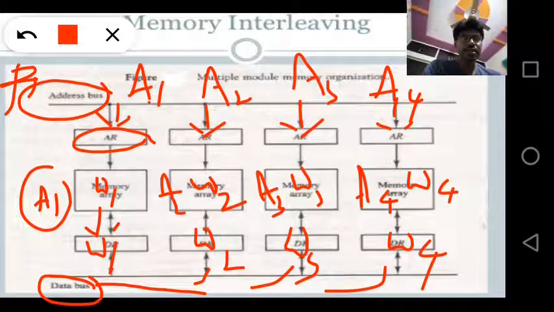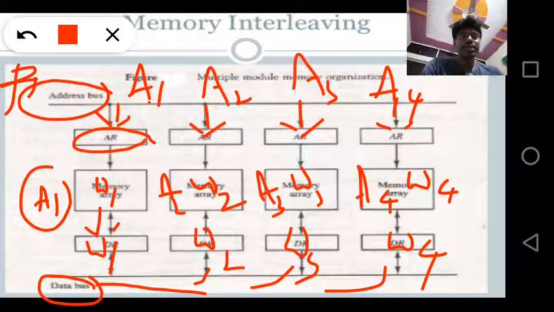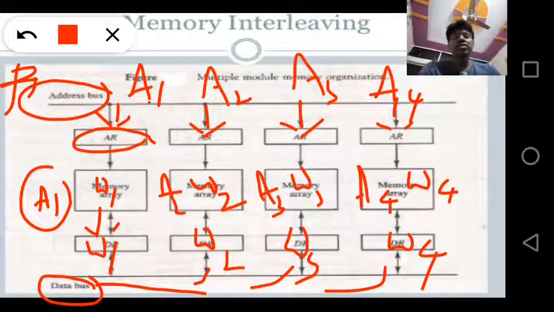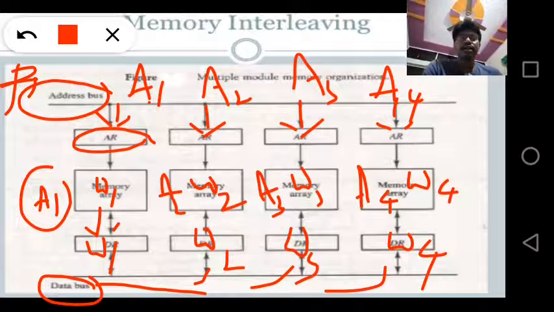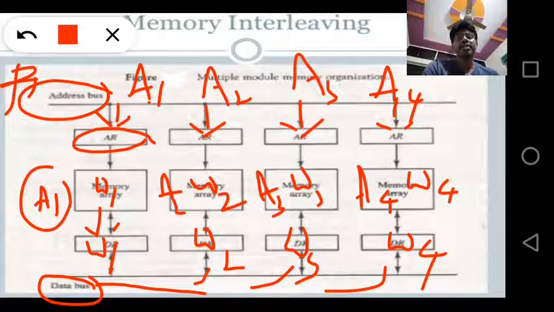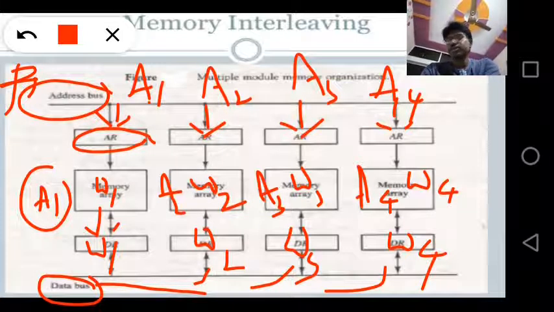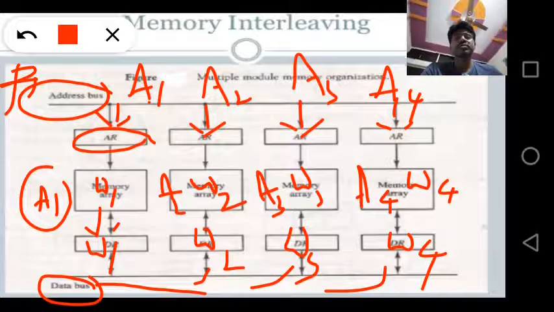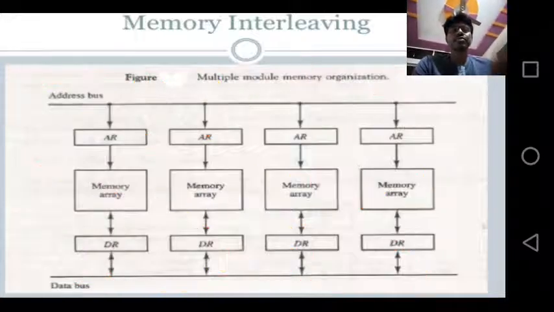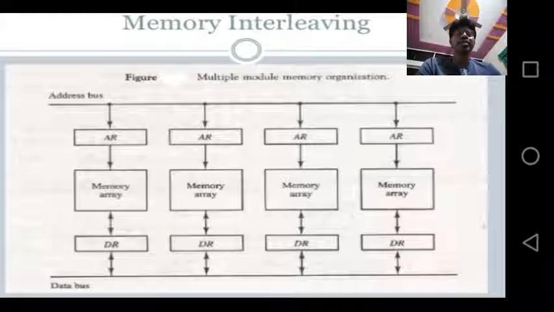So ultimately we are trying to access the words stored in these memory arrays in parallel at the same time, which is very advantageous for vector processing. For vector processing, this is the biggest advantage. So this is the concept of memory interleaving.